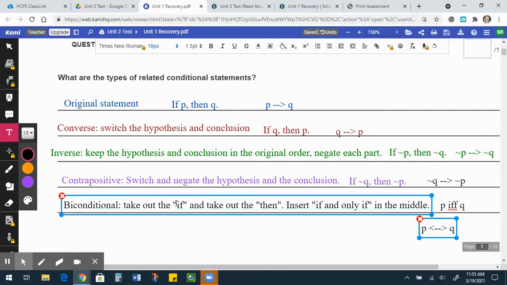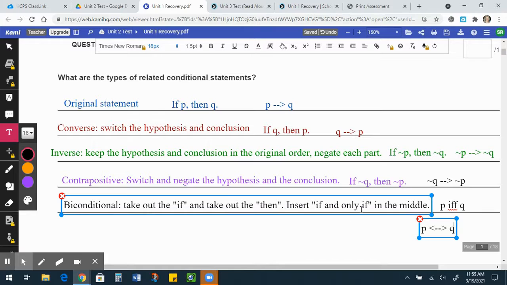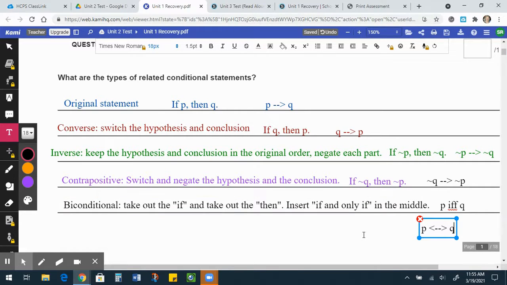So look, we take out two things. We replace it with a phrase that has two ifs in it. If we abbreviate with the appropriate abbreviation, it will have two F's in it. And if we write the biconditional in symbolic notation, it will have two arrows instead of just one.